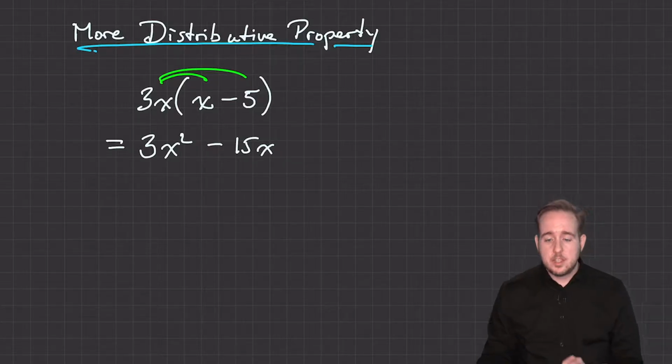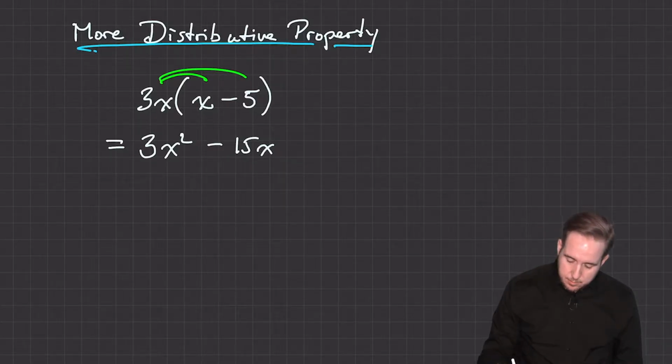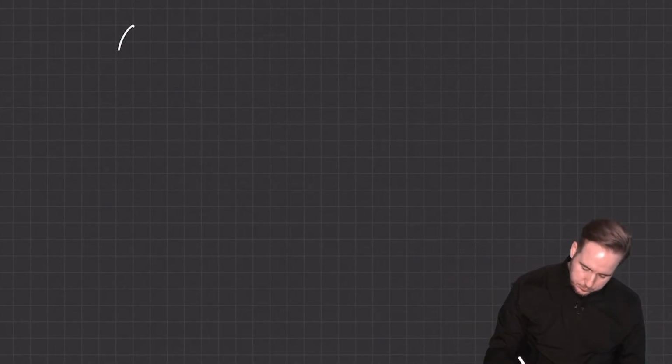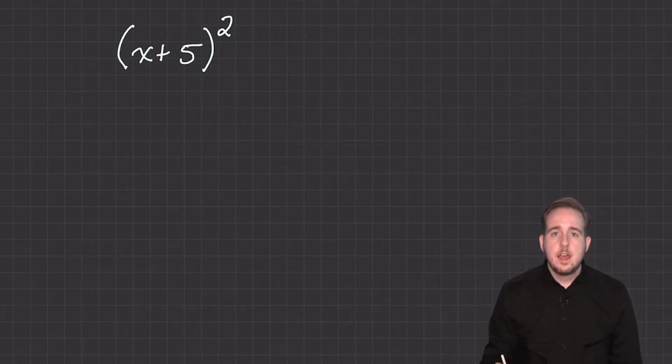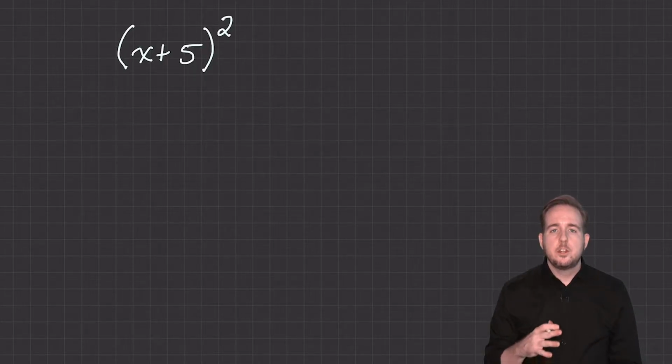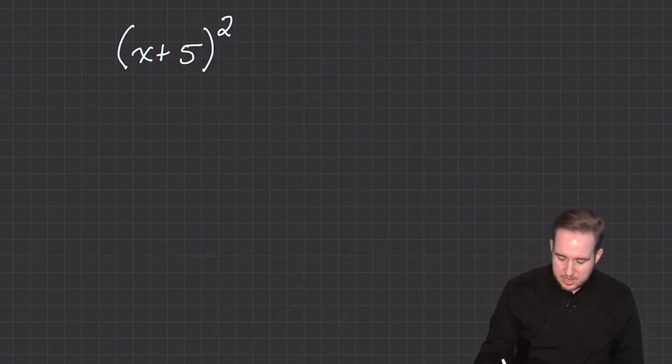Now, the problem comes in if the number is in front, multiplying. What happens if instead I have something like that? And the thing that you wish deep down inside is that it could be the same.